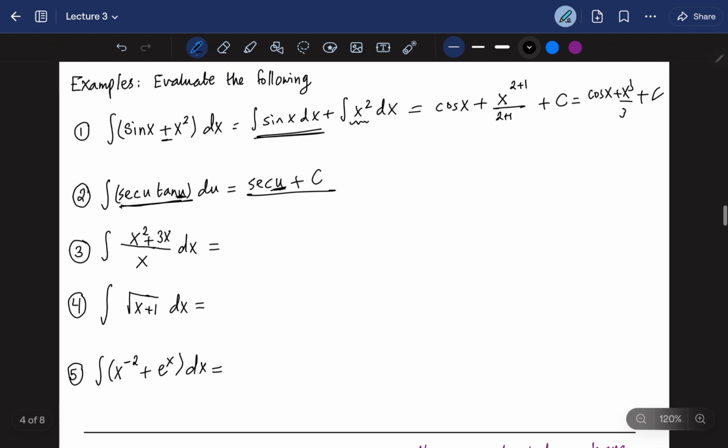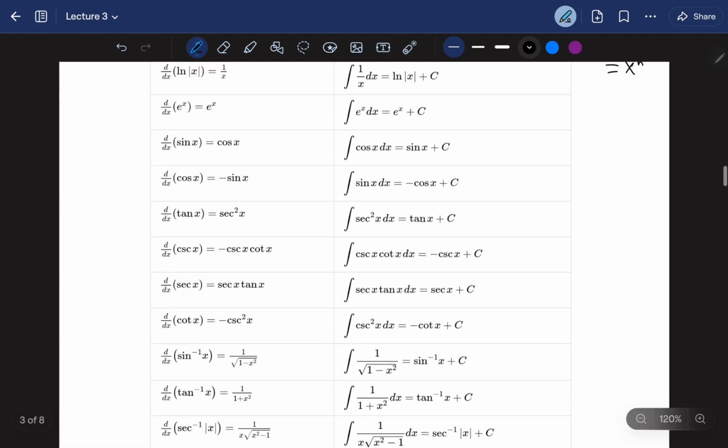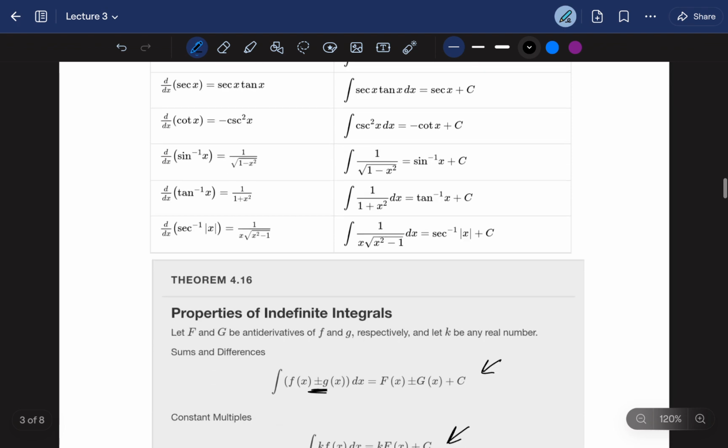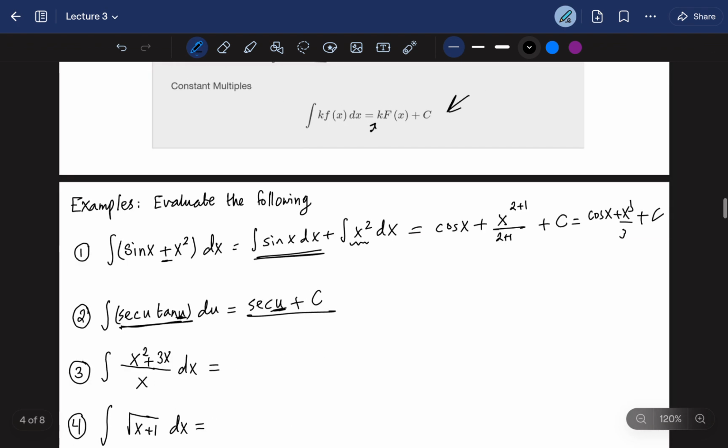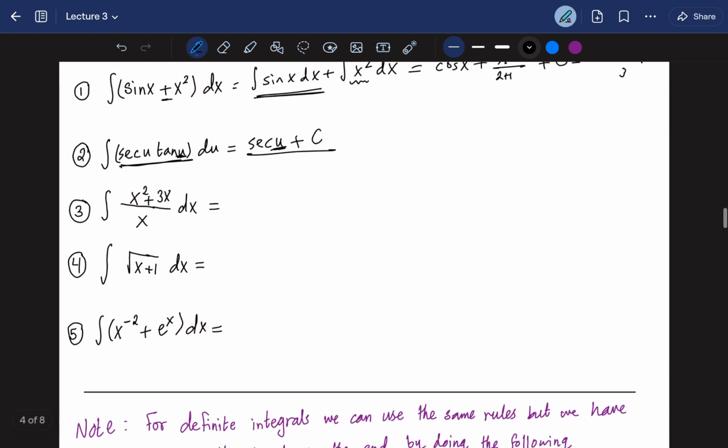Okay, so here in number 3, it doesn't look like something from the table here. So sometimes I need to simplify or distribute or do something before I find the integral directly. So here I can distribute my numerator, and I get these.